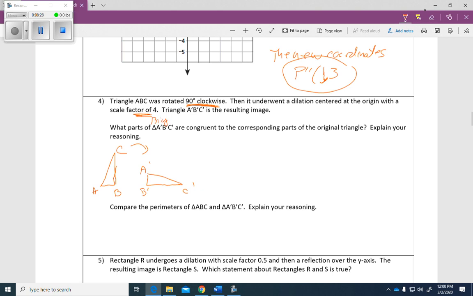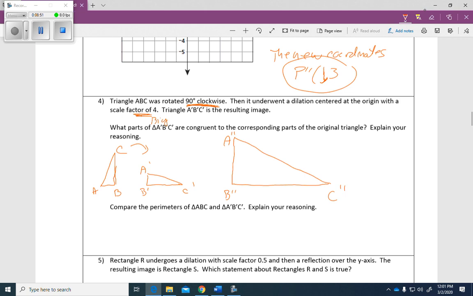So now this laying down triangle is going to be 4 times bigger. If I wanted to label it, I guess I could give it the double primes.